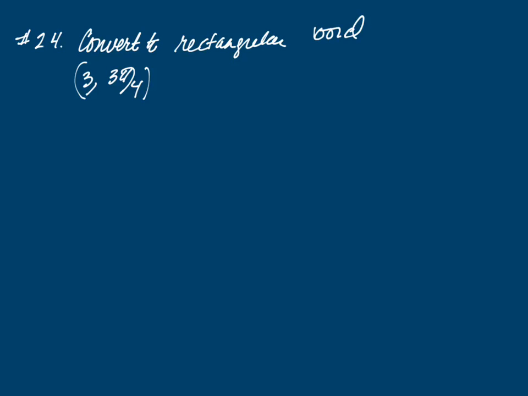Number 24 wants us to convert to rectangular coordinates, 3 and 3 pi over 4. So remember that would be 3 cosine 3 pi over 4 and 3 sine 3 pi over 4.